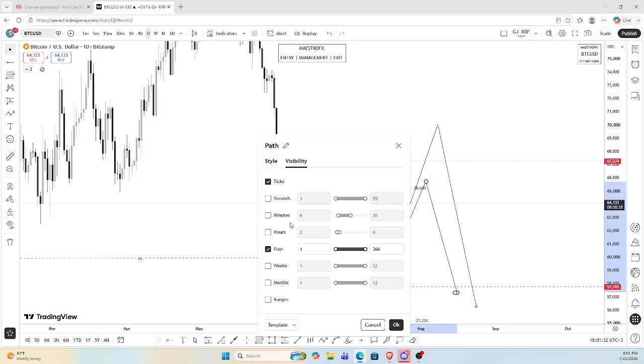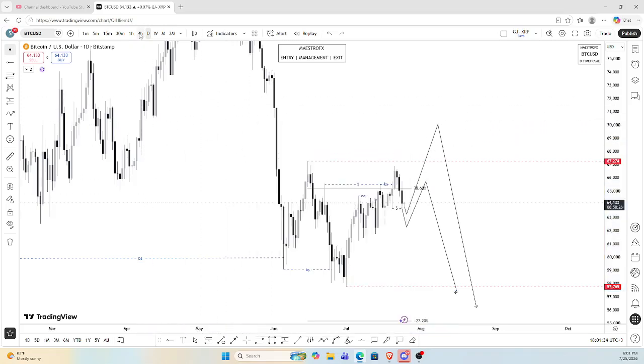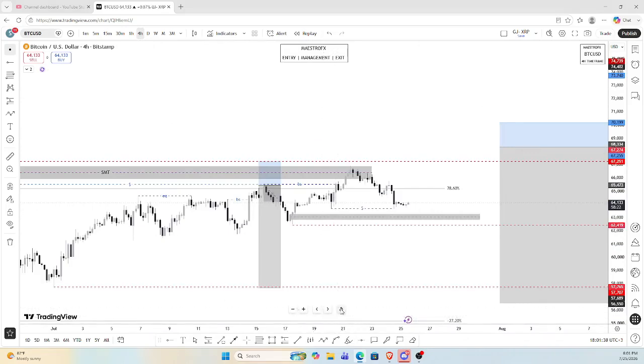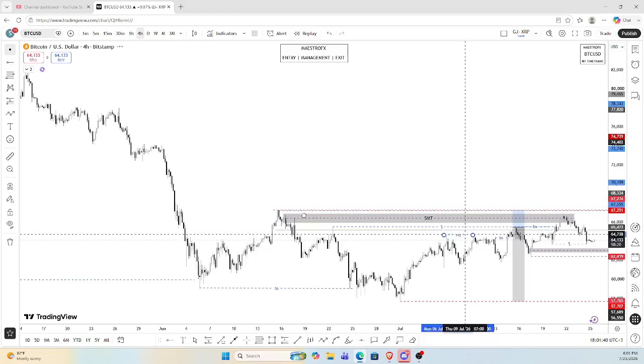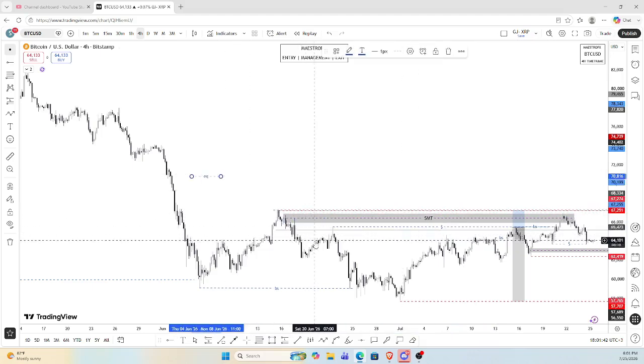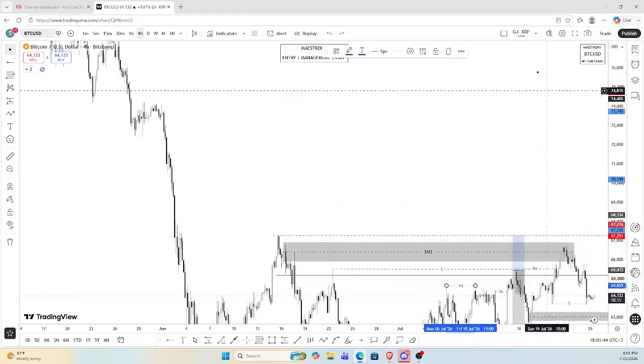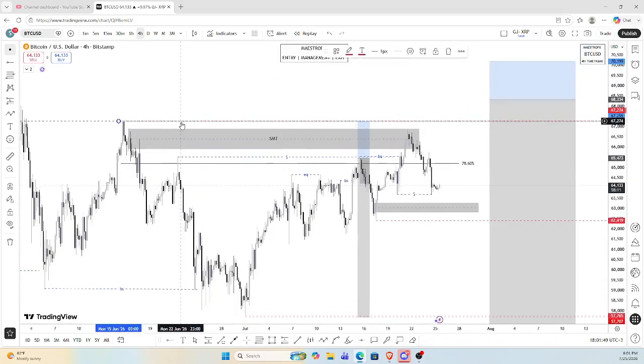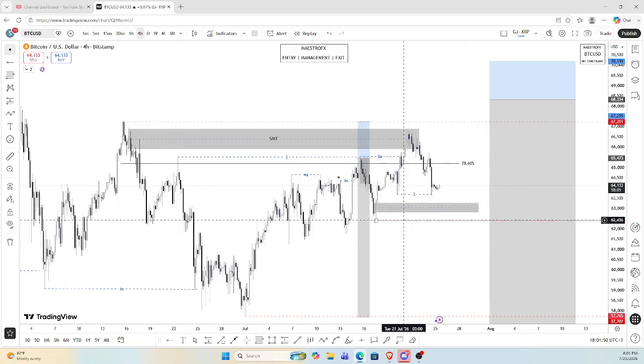But as we all know, the daily time frame takes much time to play out, so we have to head lower and see what the market has to offer.